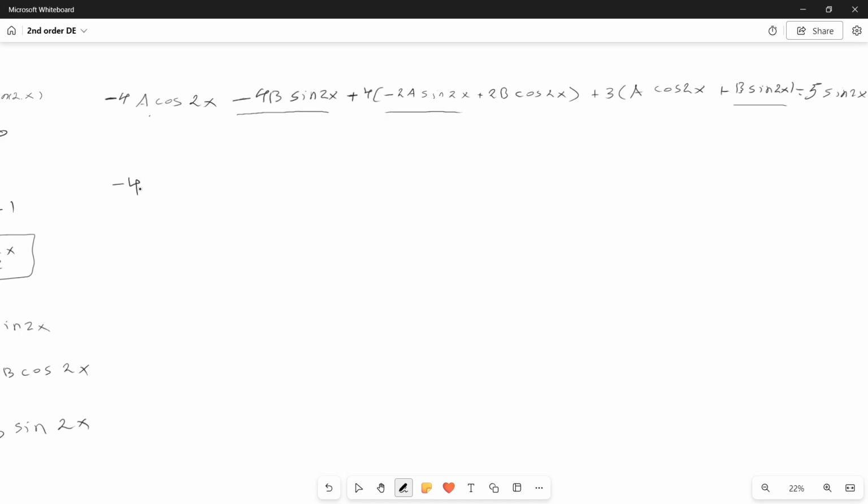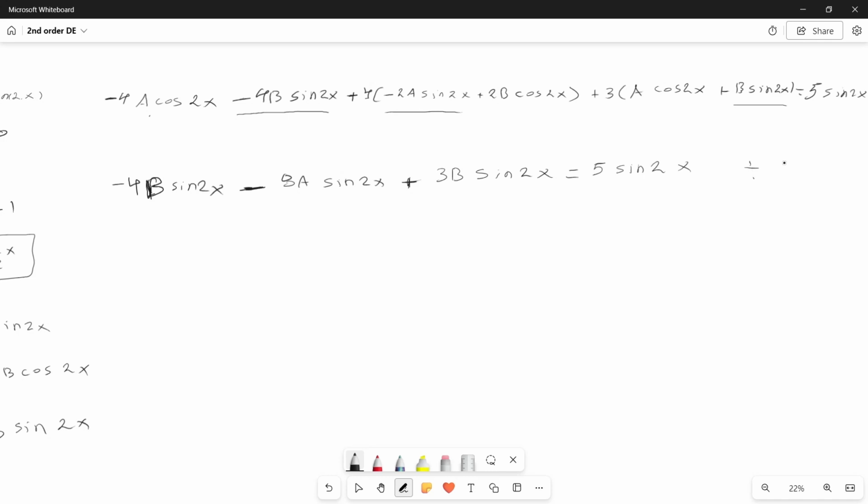So we have negative 4b sine 2x. Minus 4 multiplied by negative 2 is negative 8a sine 2x. 3 multiplied by 1, so we have plus 3b sine 2x, and obviously that would equal 5 sine 2x.